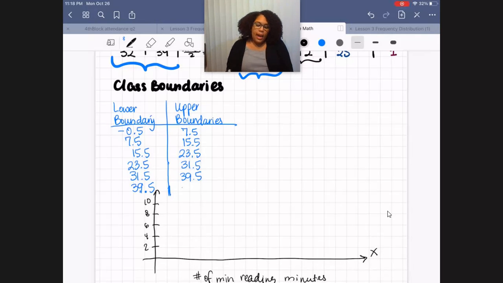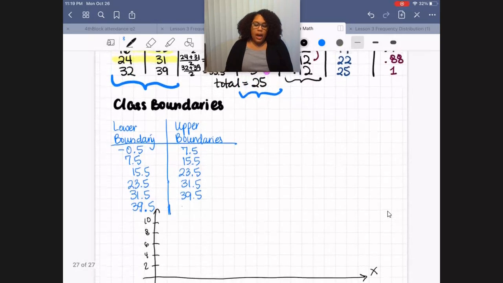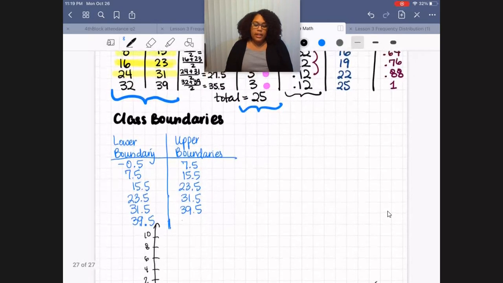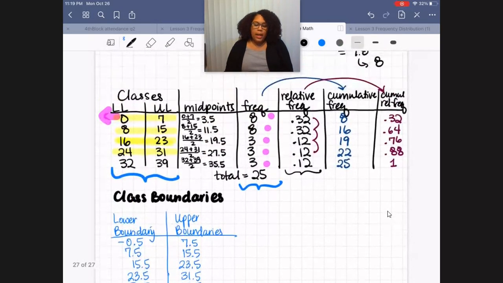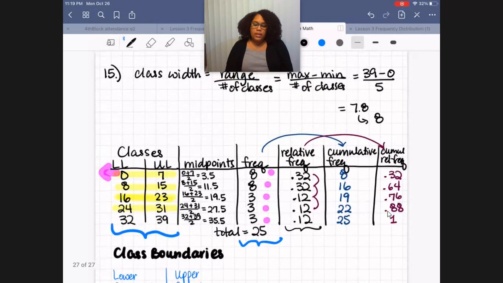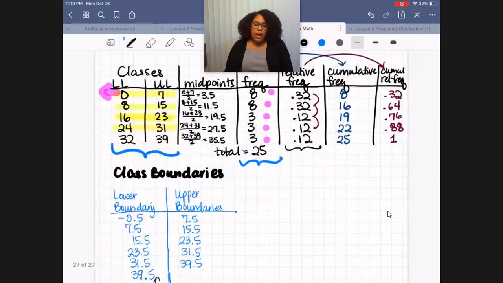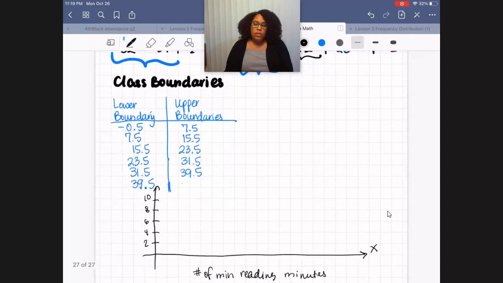Okay. And now my class boundaries, I'm going to scale these slightly differently. I know my class width is 8. And so I don't necessarily need to utilize 8 spaces in between each tick mark now. But I'm going to start with the negative half here. And then let's go 1, 2, 3, 4. And we can put 7.5 there. And then we can go 1, 2, 3, 4.